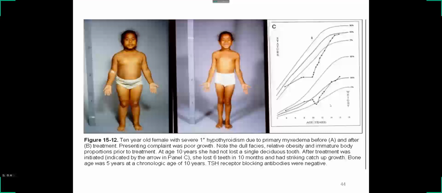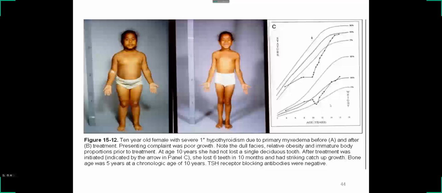She showed up in the clinic, and the complaint was that she had poor health, that she was very dull-faced, relatively obese. Her body proportions were not equal for a girl of that age. And at 10 years old, she had not lost a single baby tooth.